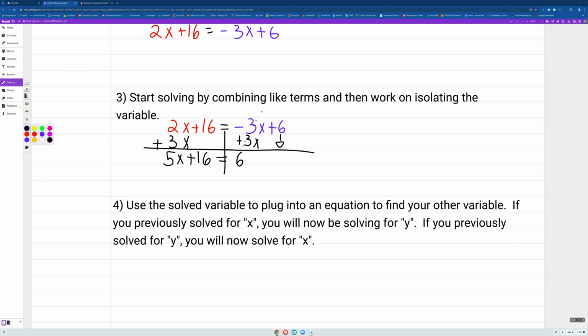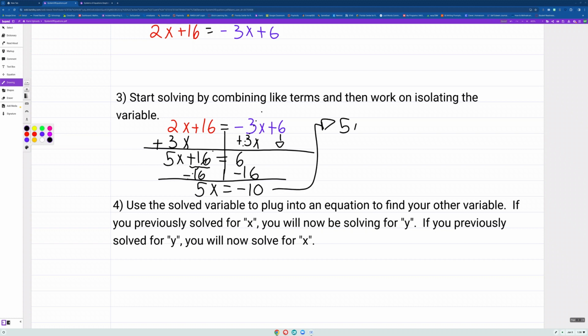So I see that I still have a positive 16 on this side. So instead of doing positive 16, I'm going to do negative 16 on both sides of my equation so that I can balance it. So once I do that, my 16s cancel, and I'm left with 5x is equal to negative 10.